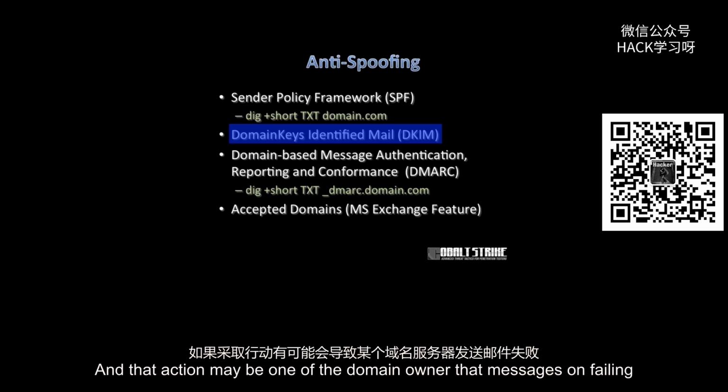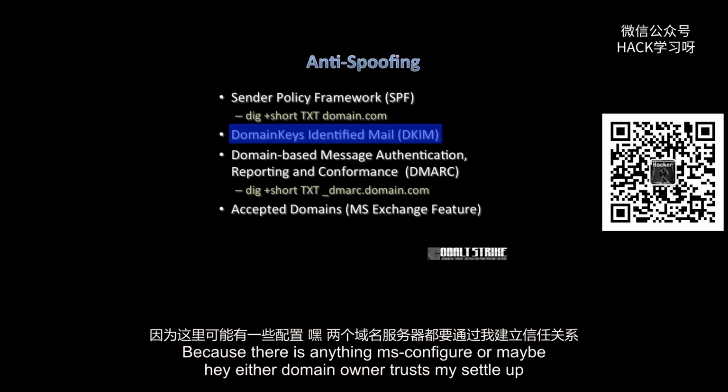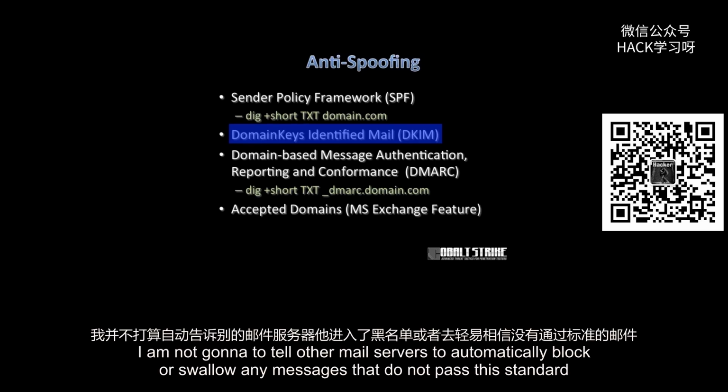And that action might be warn the domain owner that messages are failing because maybe they have something misconfigured, or it might be, hey, I, the domain owner, trust my setup. I'm now going to tell other mail servers to automatically block or swallow any messages that don't pass these standards.